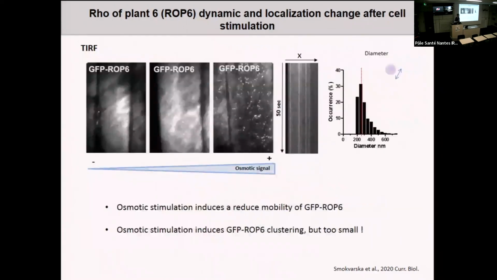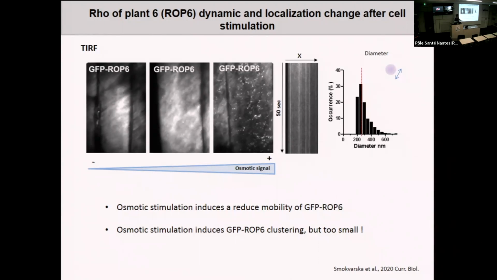So then we got in contact with experts, and we tried TIRF microscopy, which has a better signal-to-noise ratio and gives really nice pictures of the membrane. What we found is that minutes after the osmotic treatment, it was really obvious that the organization of the signal totally changed, and we started seeing small dots with medium stresses.